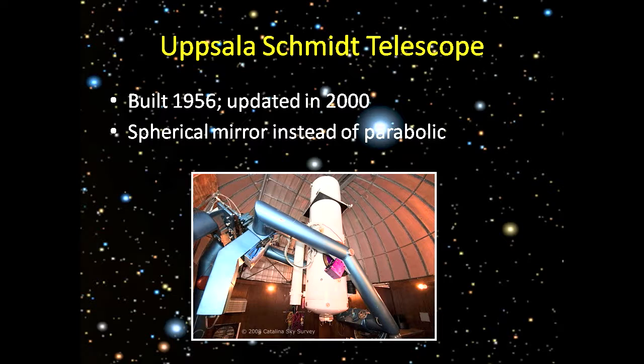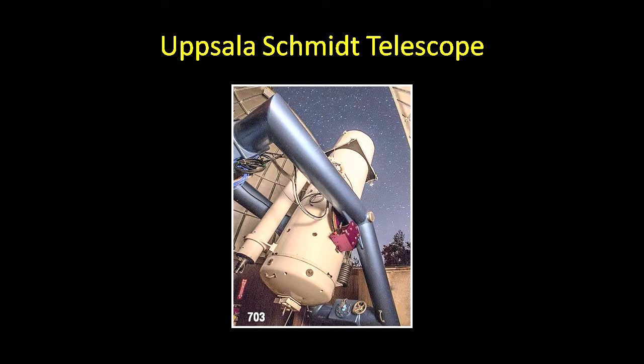Since the update, though, it was fitted with a spherical mirror of about 1 meter in diameter, which is really huge if you think about it. Because of that, it's able to have a larger field of view as opposed to a parabolic mirror. So this is the Polish Schmidt with the dome open.